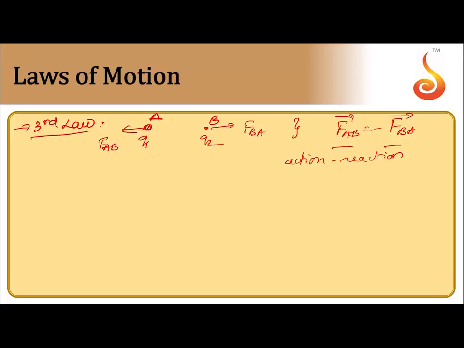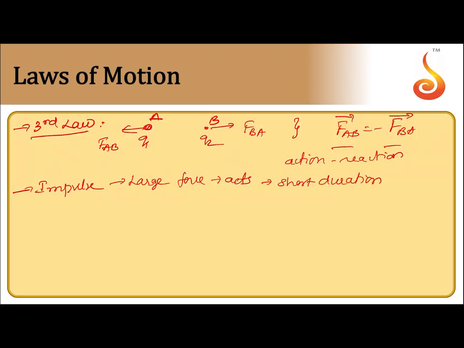Now to understand these things, we also need one more very important idea, that is the idea of impulse. In the case of impulse, a very large force acts on an object for a short duration of time.